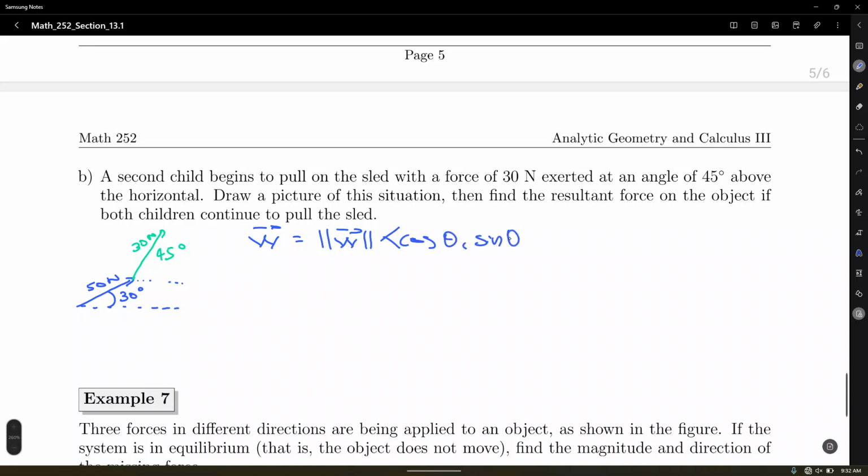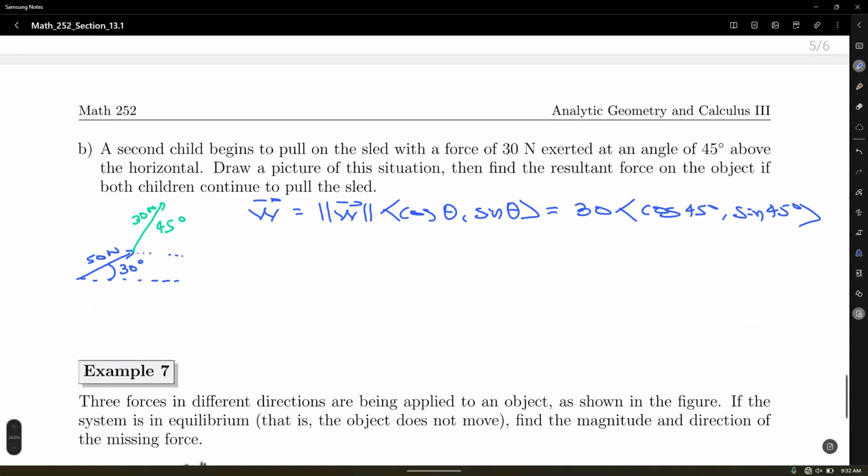So that is 30 times cosine 45 degrees, sine 45 degrees. Both cosine 45 degrees and sine 45 degrees are root 2 over 2, so that's 30 root 2 over 2 in both cases. Simplifying this gives us the vector 15 root 2, 15 root 2. Both components are going to be the same here.